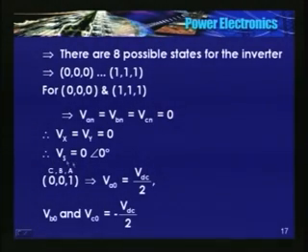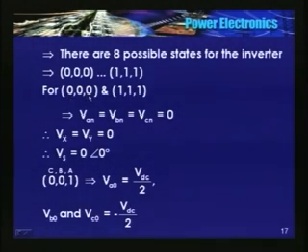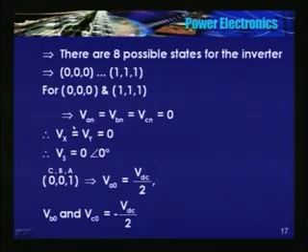So we are at the origin. When all upper 3 switches are on, that is 1, 1, 1, and when all the upper 3 switches are off, that is 0, 0, 0, the magnitude of the space vector is 0 and the angle is also 0. So in the xy plane, you are at the origin.